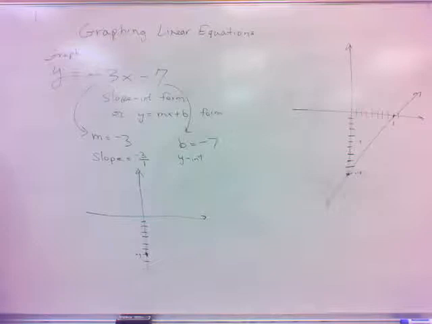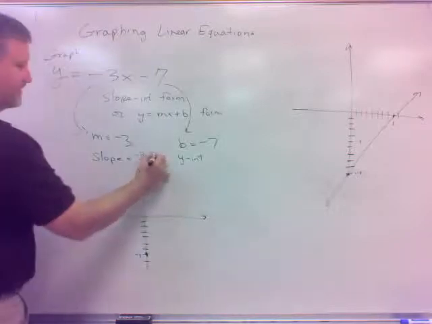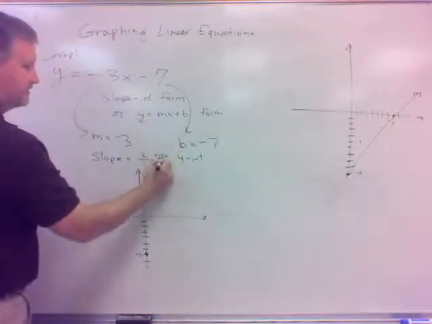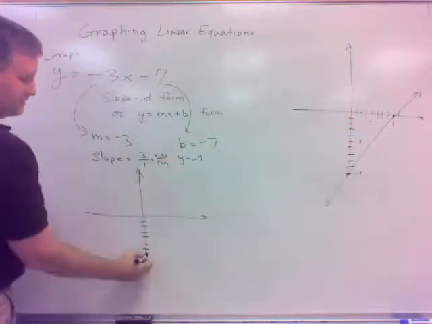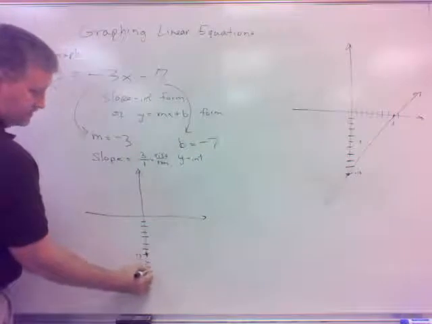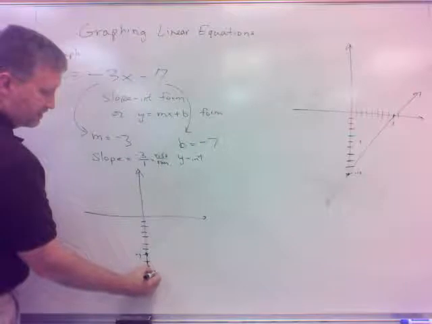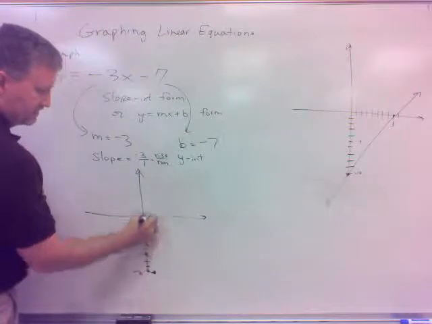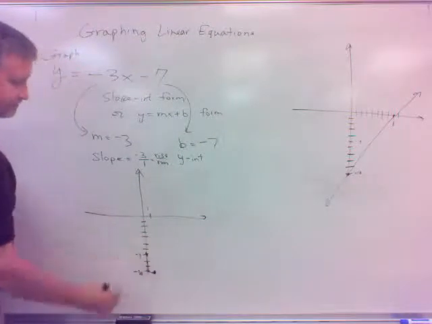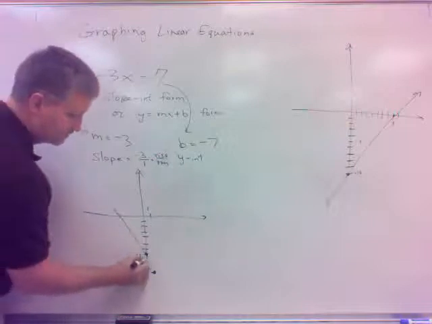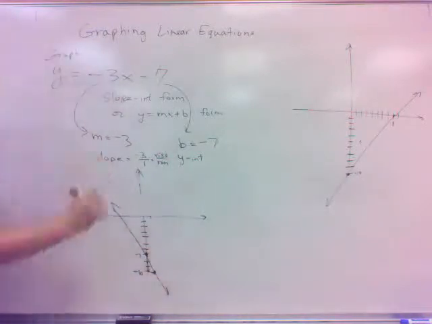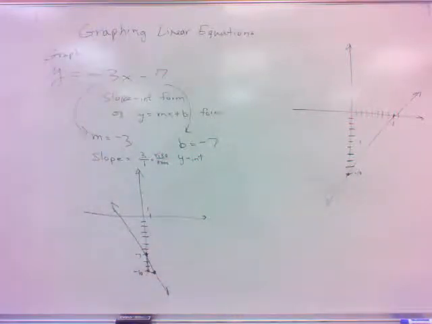The rise is -3, the run is +1. So a rise of -3 would be down 3: 1, 2, 3. But then we run 1, so that puts me right there. That point would be (1, -10). But that's, again, 2 points. So I've got my little graph of my line. Okay?